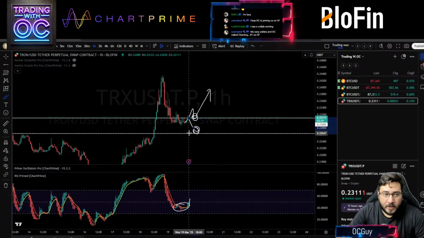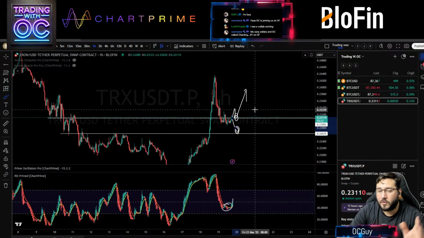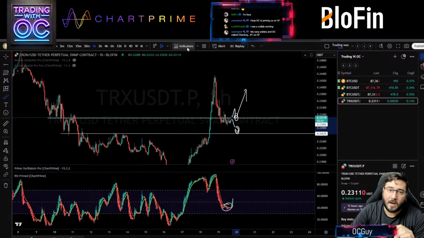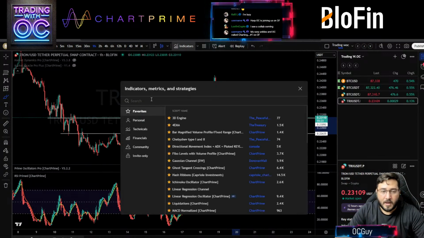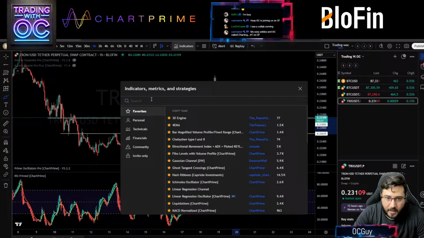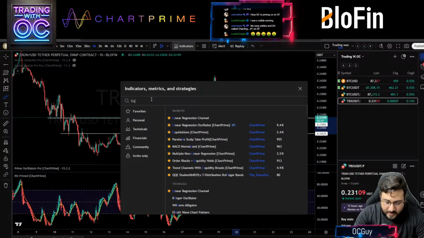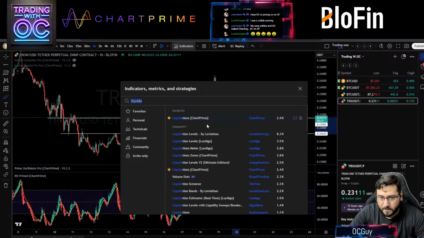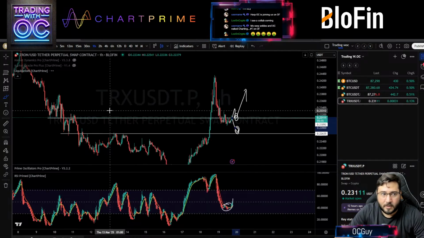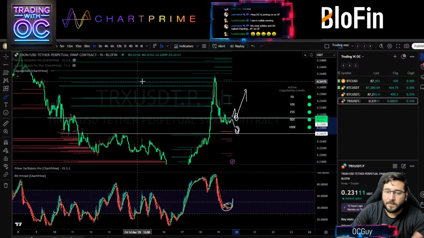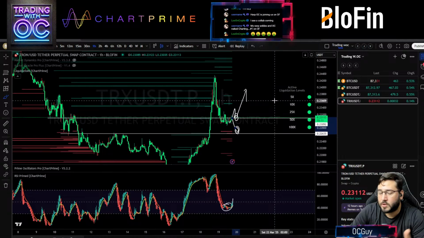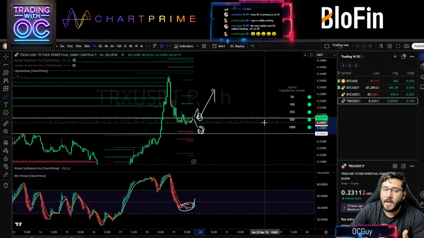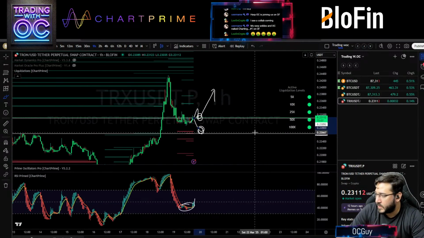So let me give you guys another set of support and resistances that are part of Chart Prime. So you just do here, this is liquidations, right? This is a free indicator. You add it, and this is giving you something that technicals will not give you if you don't have access to volume, all right?